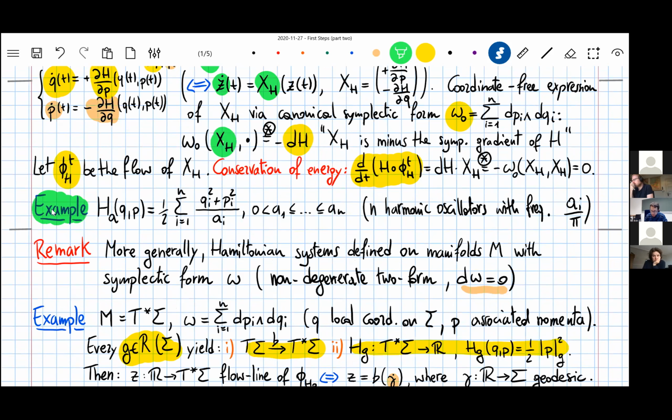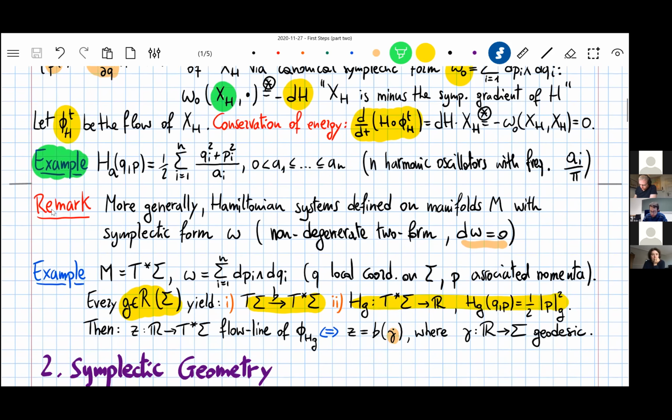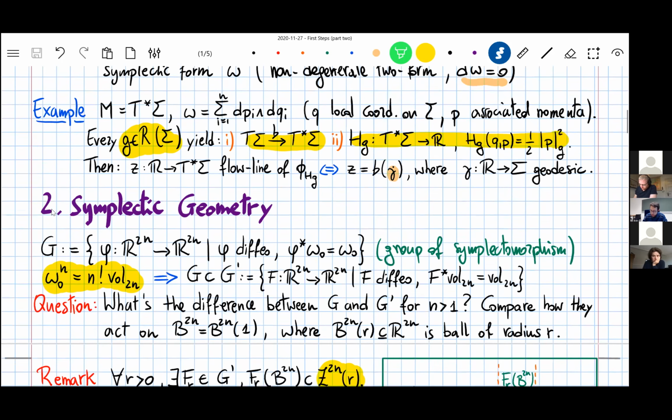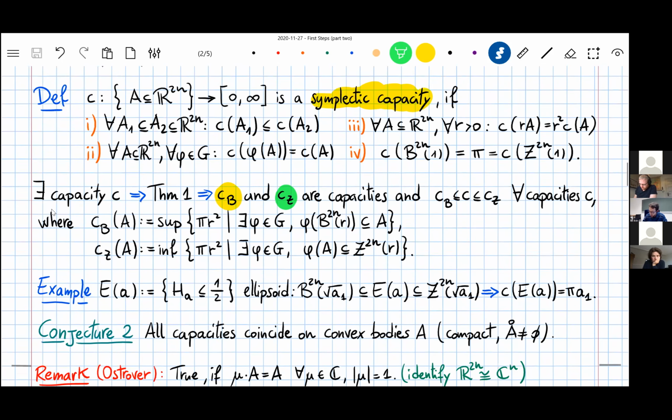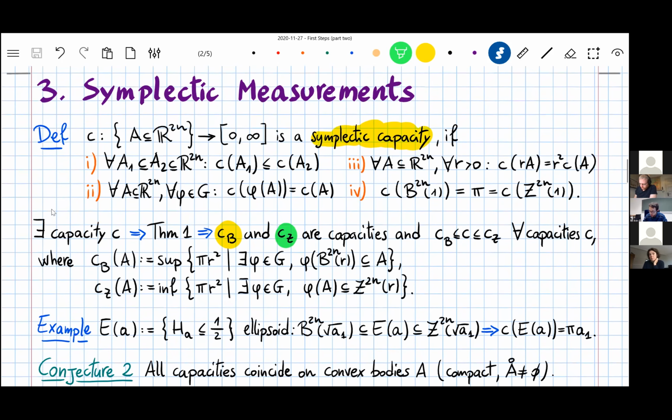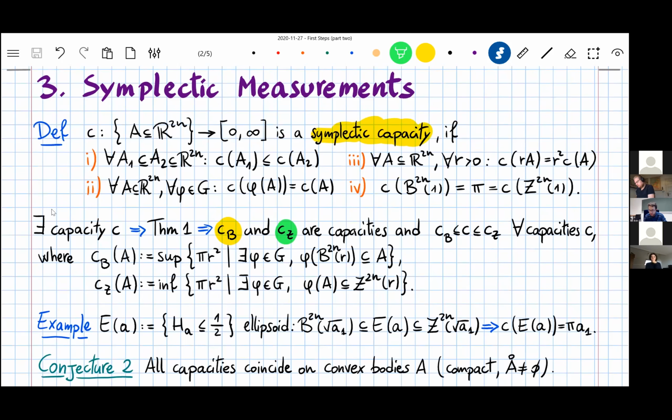Then basically, if you order the A's starting from the smallest to the biggest, then you see that setting H_A less or equal than 1/2, you will contain the ball of radius square root of A1 and be contained in the cylinder of radius A1. And then, you know, by the definition of capacity, these two sets have the same capacity.